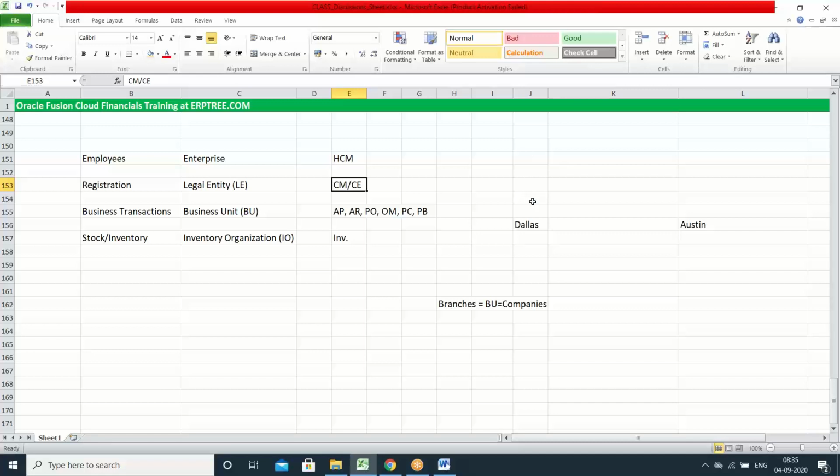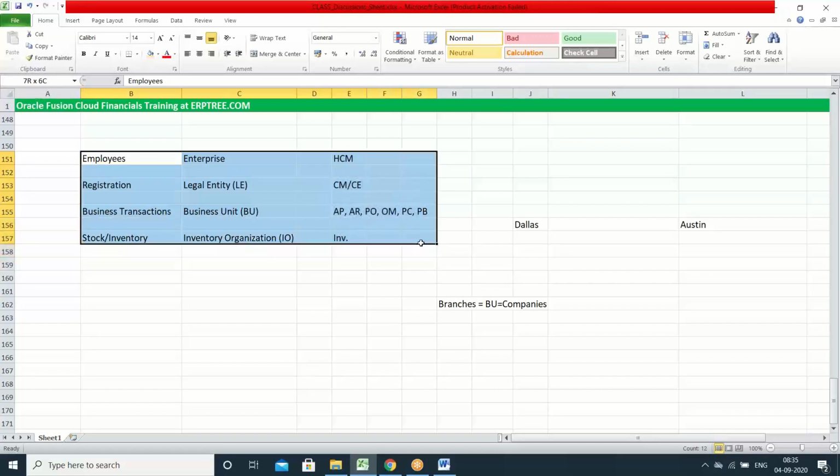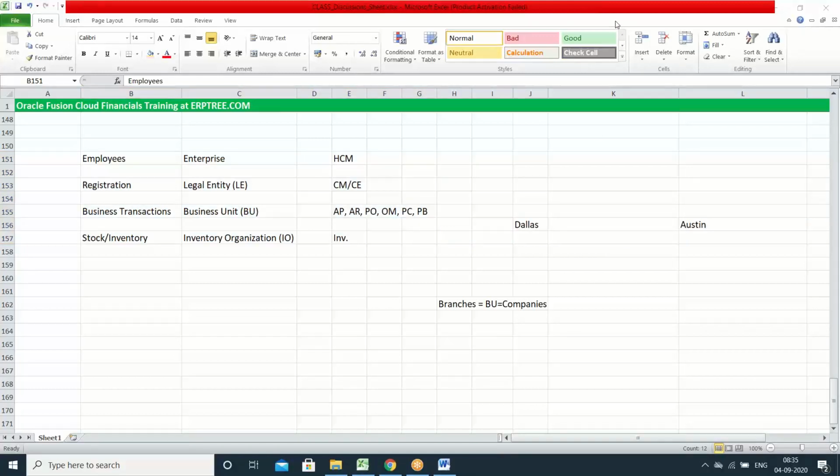I have a question, maybe you mentioned it a little bit and we'll come to it later. I'm taking Walmart as an example. When they started, they did the registration in, for example, New York, and they started business all over the USA, and each location will have a separate business unit, correct?